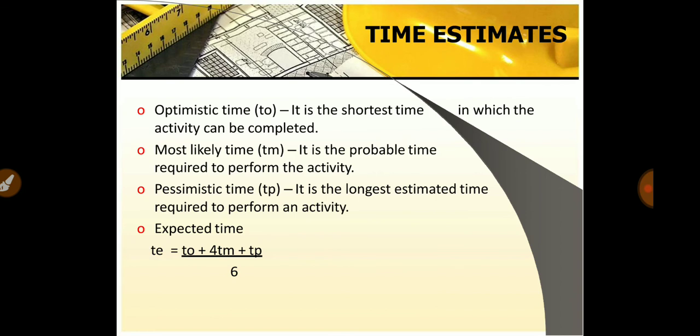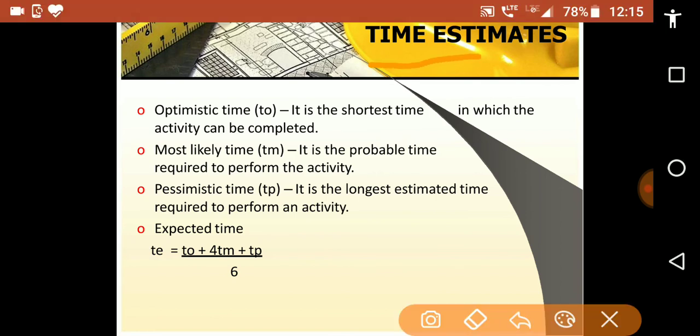Let us see the time estimates in the CPM, the critical path method. First is optimistic time. What is optimistic time? It is the shortest time in which the activity can be completed.